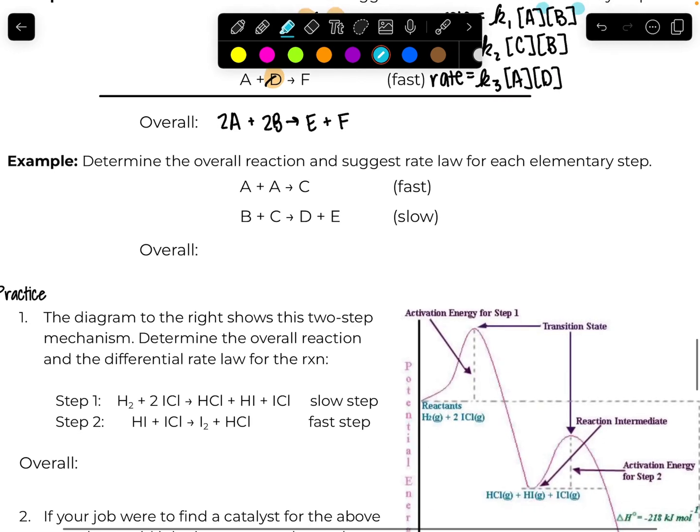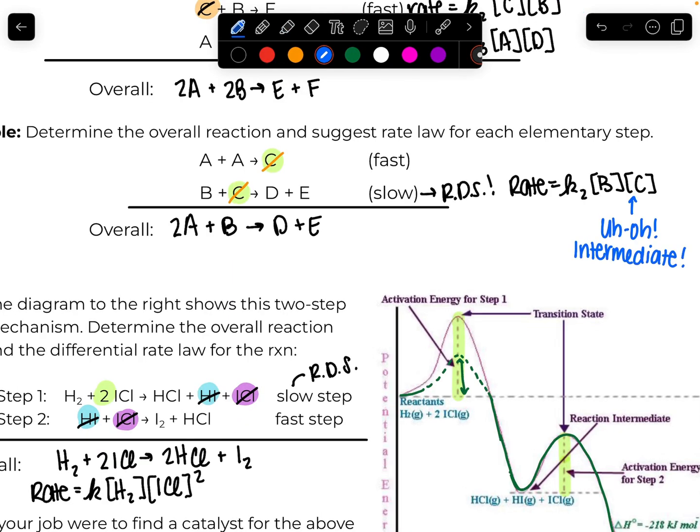Okay. You guys try this one. For this example, your slow step, your rate determining step is step 2, which means that if you were to write the rate law for this, you would end up saying rate is equal to K, rate constant, times the concentration of B times the concentration of C. The problem is C is an intermediate.